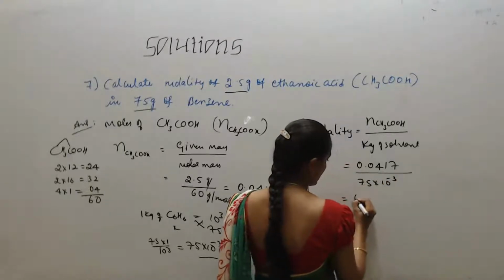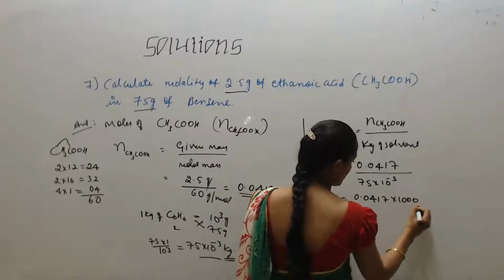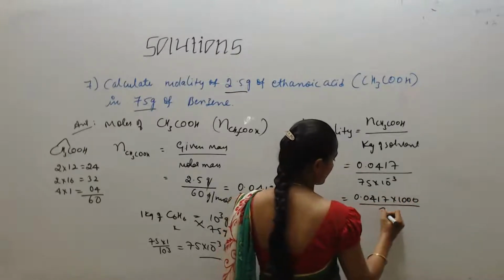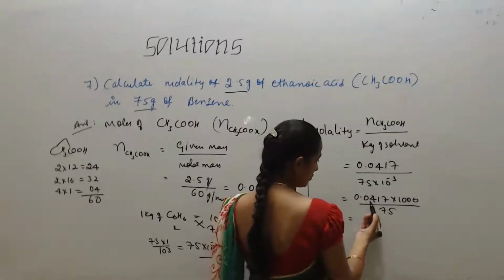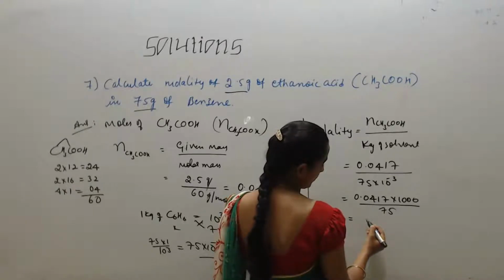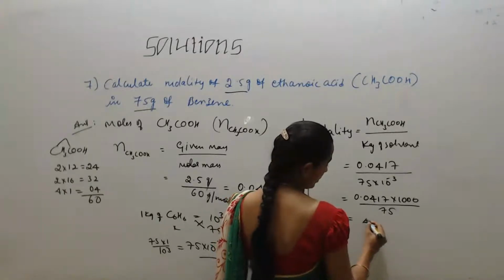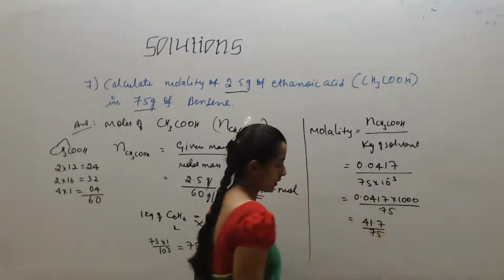That is 0.0417 into 1000 divided by 75. So multiplying, students, you will get 41.7 divided by 75.